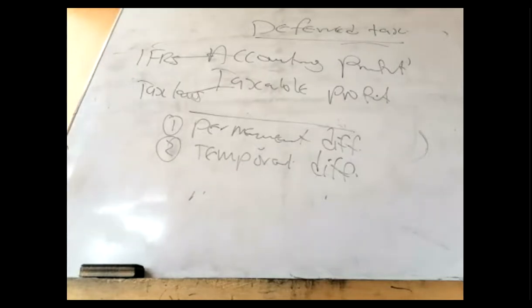So for instance, if you donate to, let's say, Accra football club, the tax authority will not allow you to treat that donation as an expense, because it does not have a national character. You are giving it to just one football team. If you want to give it to a football team, give it to a team that will support the entire country. So the Black Stars will be agreed.